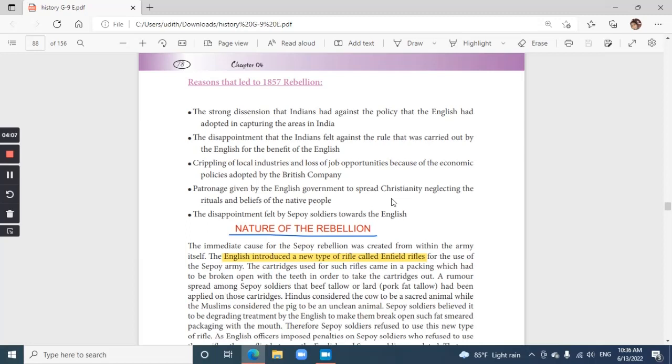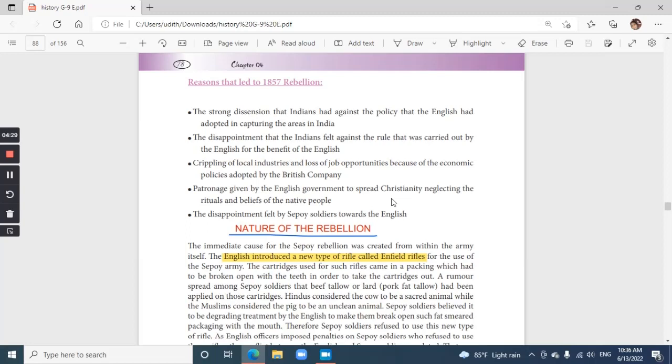What does that mean, children? This means that the Indians did not like the policies of the English for capturing areas in India.